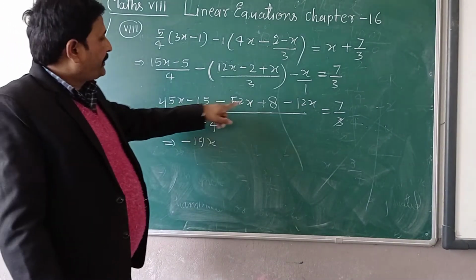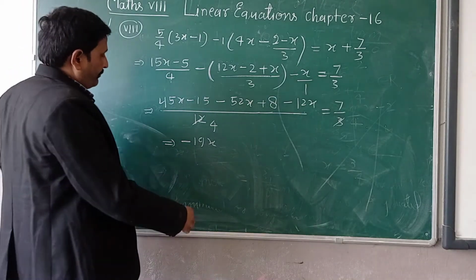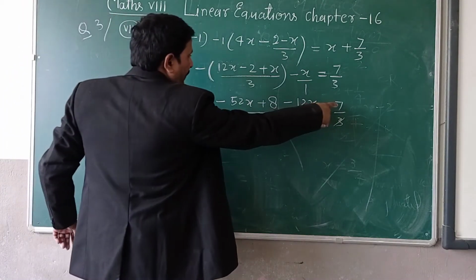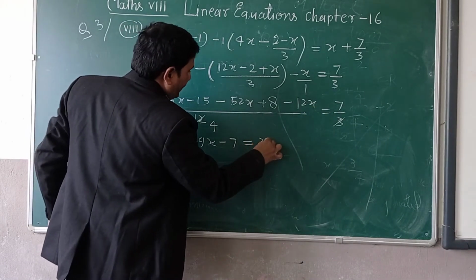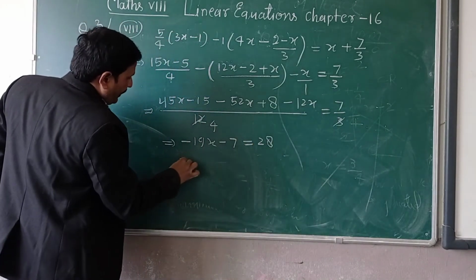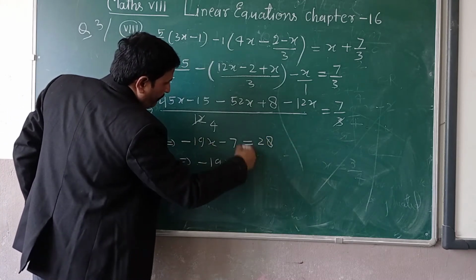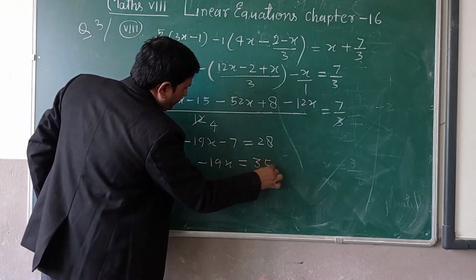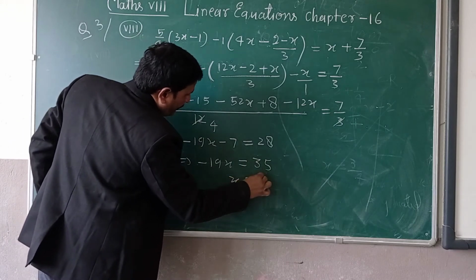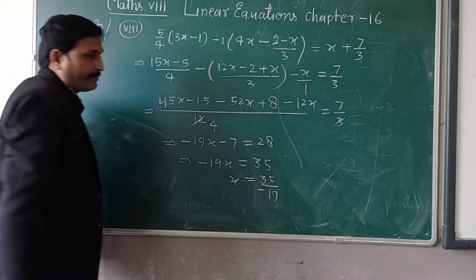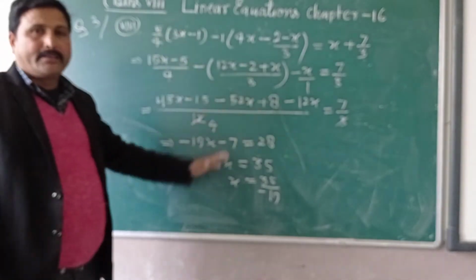Here minus 15 plus 8 minus 7, and this multiplied by 4 is 28. Minus 19x is equal to this side plus 35. Then x is equal to 35 by minus 19. You have to solve like that.